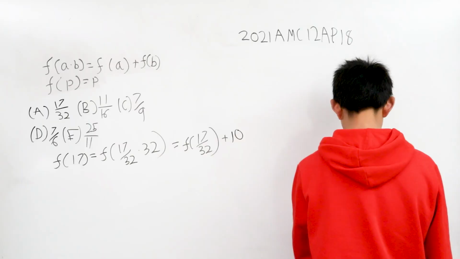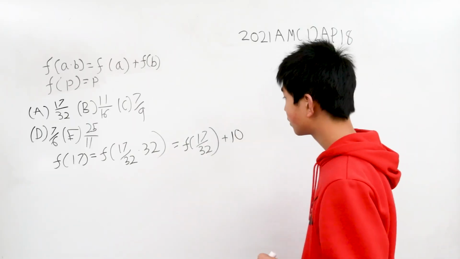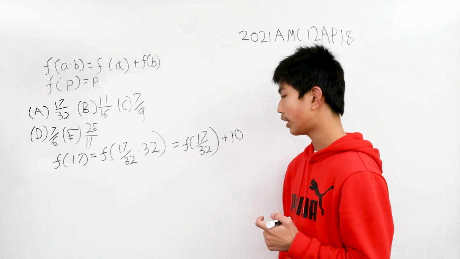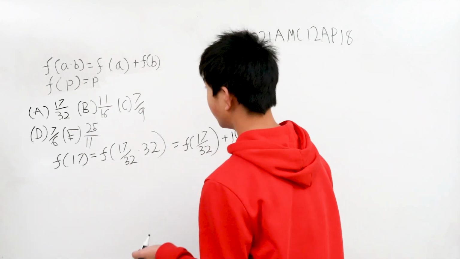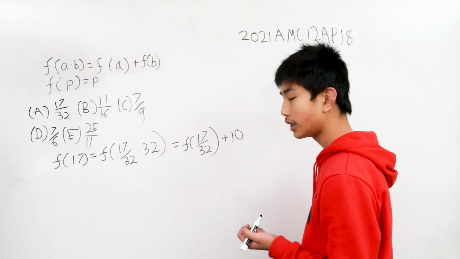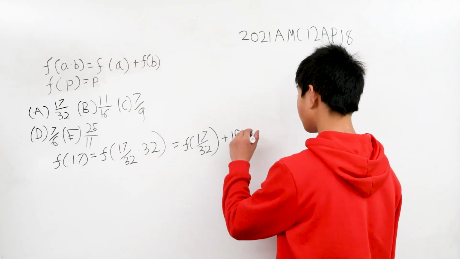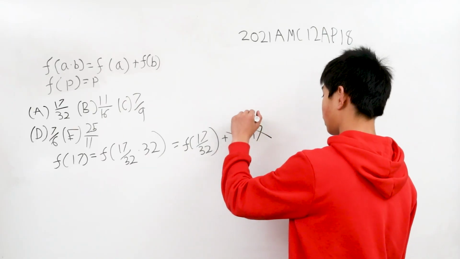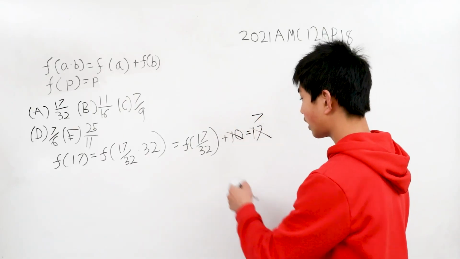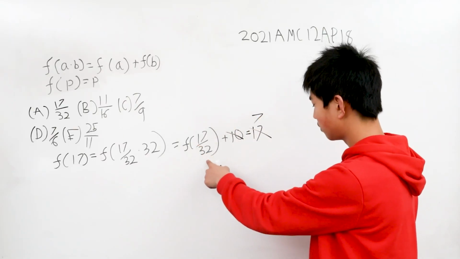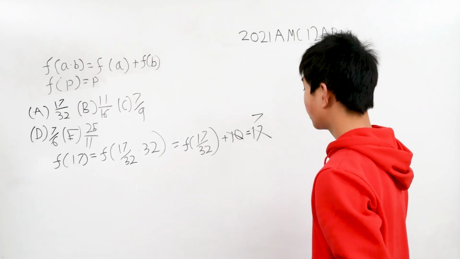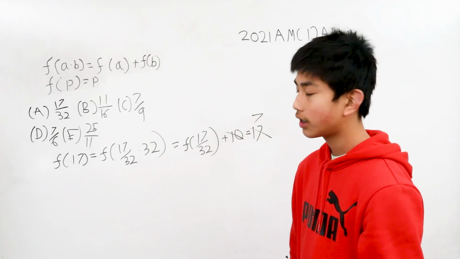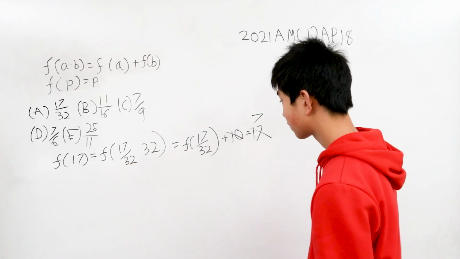And now we can equate it to the actual value of f of 17. Since 17 is a prime, that's just equal to 17, and we find out that f of 17 over 32 is equal to 7. Notice how we equated this to 17, because in the end they're all equal to f of 17.